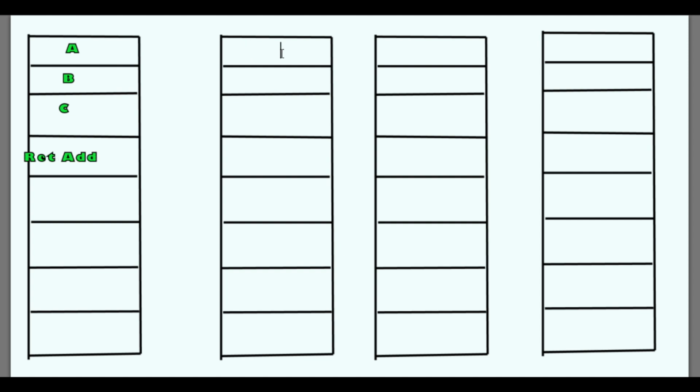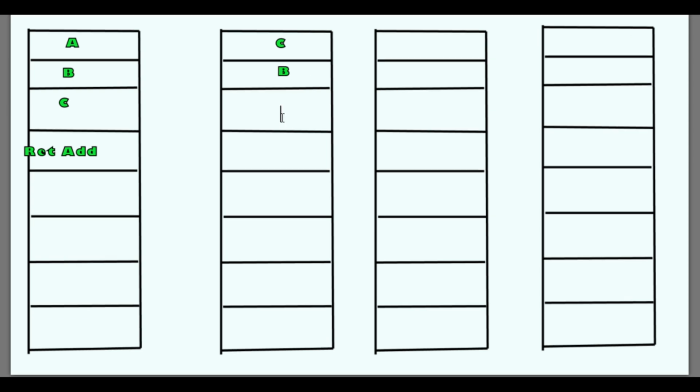C would be the opposite: in the standard call, C, B, A, then the return address. As you can see here, whenever the function is entered, your stack pointer is here, at the return address.